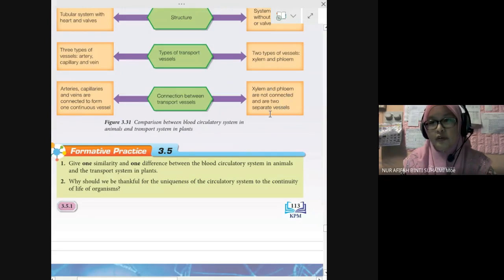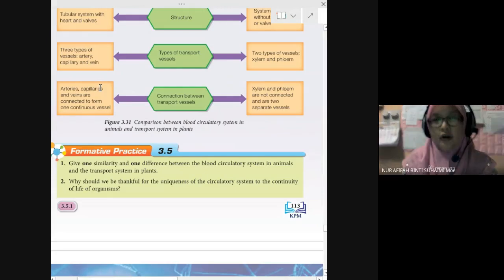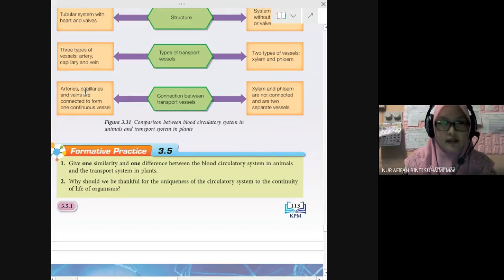Two separate vessels: xylem is a different vessel, phloem is a different vessel, with different paths. For humans, the same blood vessel transports oxygenated or deoxygenated blood. The difference is the size and the wall. That's all.